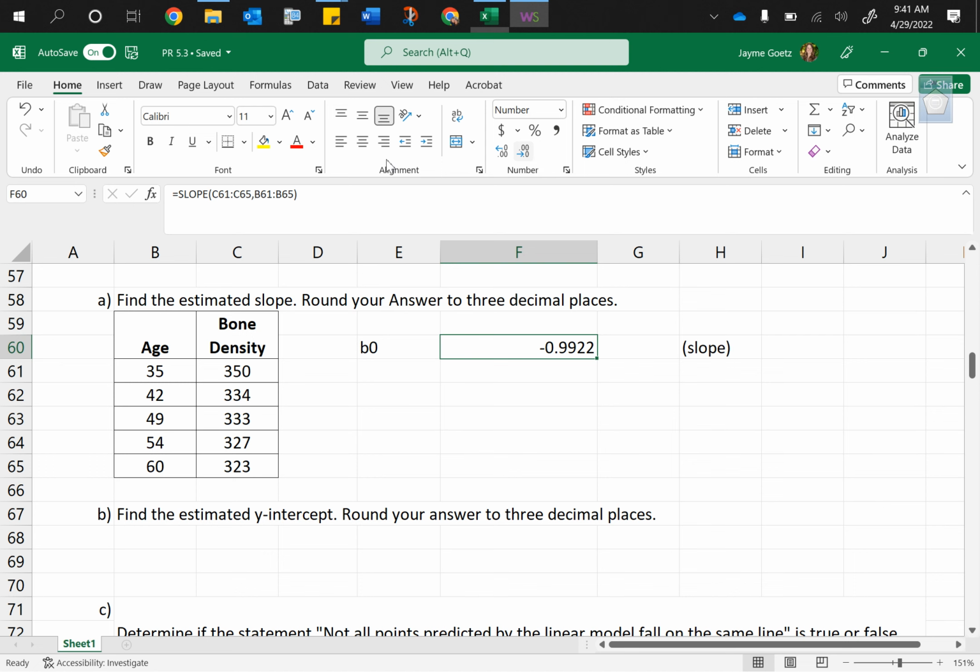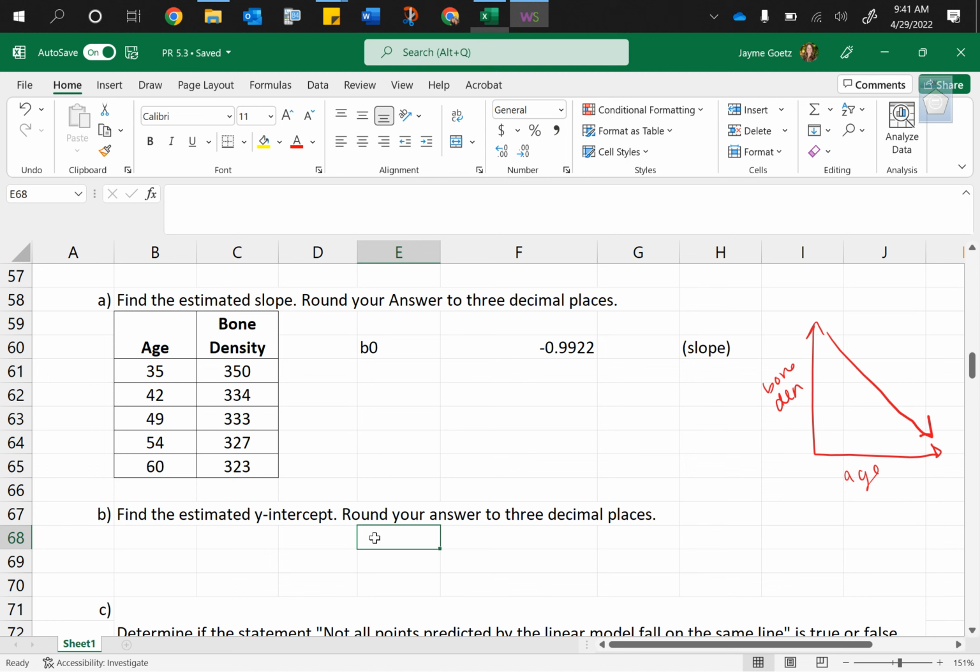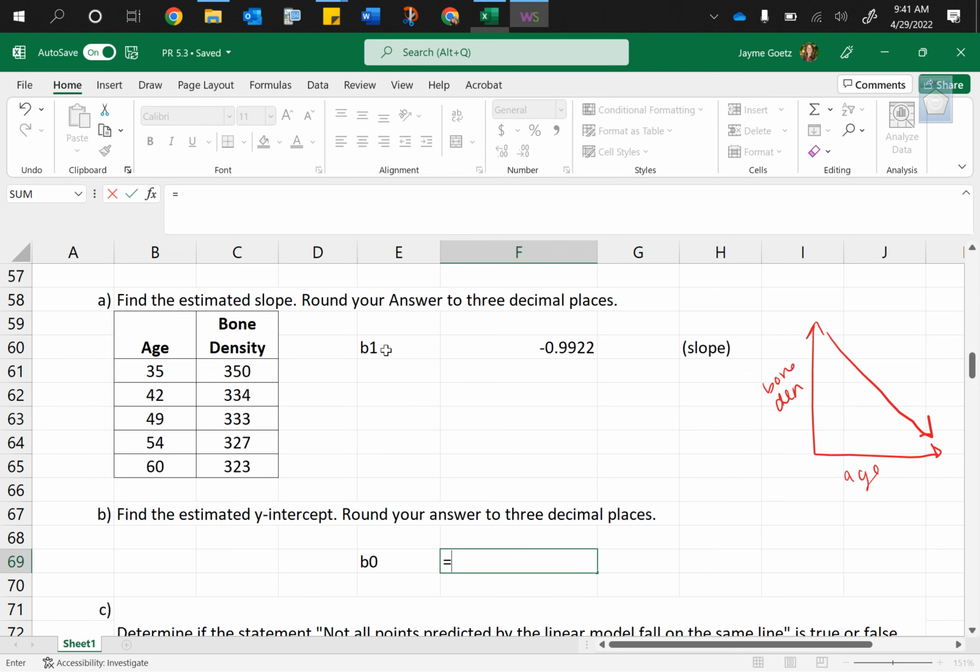Part B says find the estimated y-intercept. Slope is b sub 1. According to our statistical formula, y-intercept is b sub 0. And we are going to type in equals intercept.